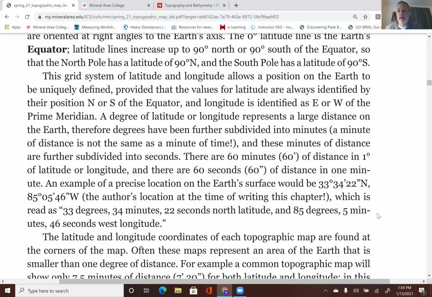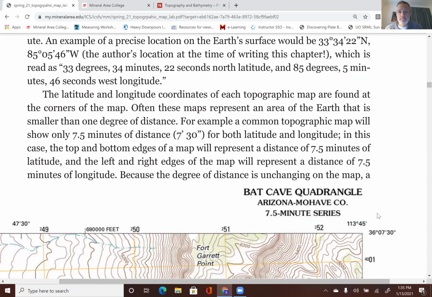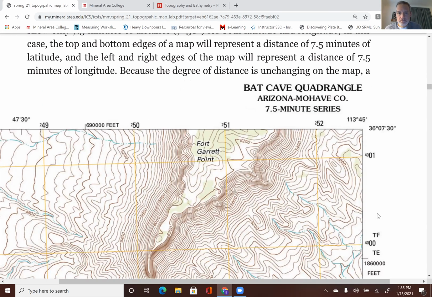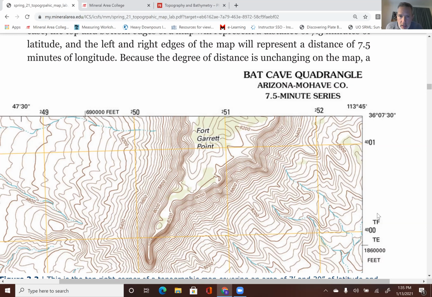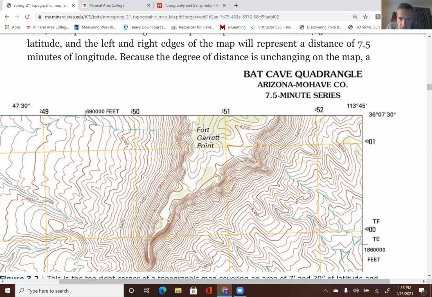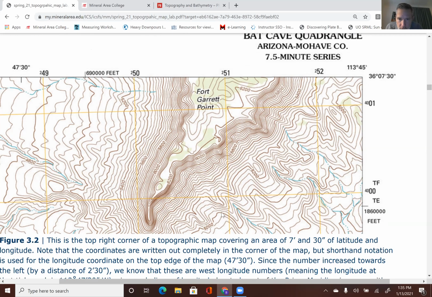What we're counting by, you'll notice that some of those lines aren't labeled. If we start looking at this line right here, this is the 5,000 foot contour, and this is 5,200.